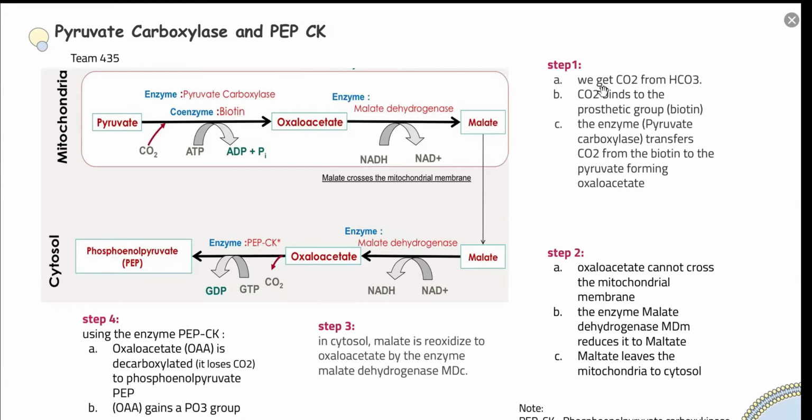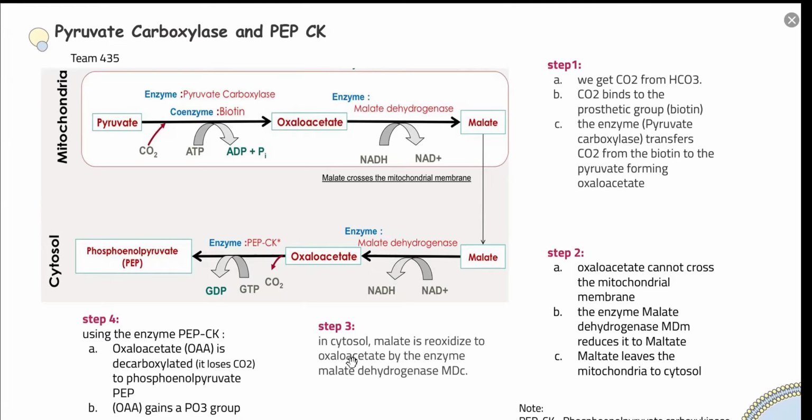So in step 1, we get CO2 from bicarbonate, and then the CO2 binds to the prosthetic group biotin, and then the enzyme pyruvate carboxylase transfers the CO2 from the biotin to pyruvate, forming oxaloacetate. Then in step 2, oxaloacetate cannot cross the mitochondrial membrane, and then the enzyme malate dehydrogenase will reduce the oxaloacetate to malate, and then the malate will leave the mitochondria to the cytosol.